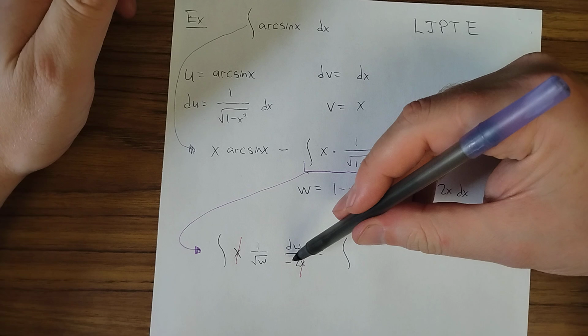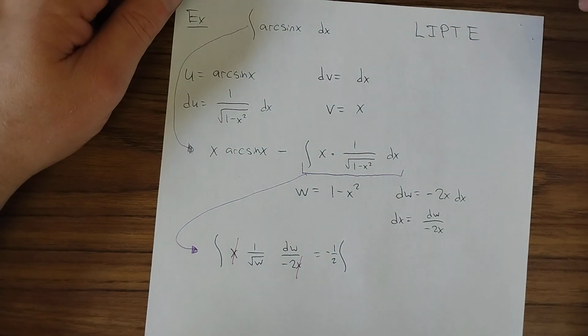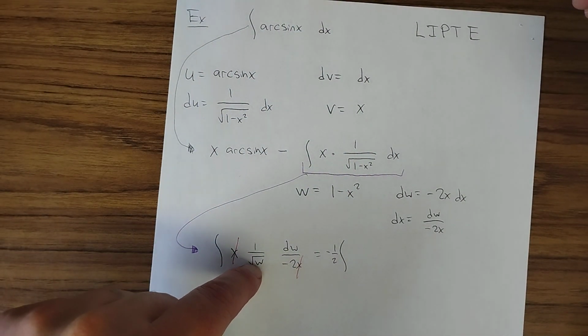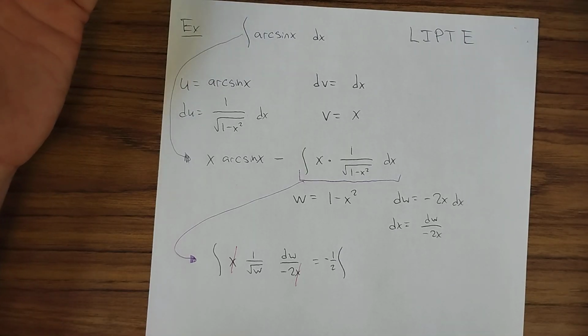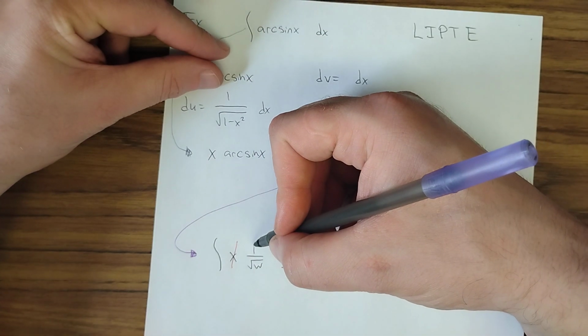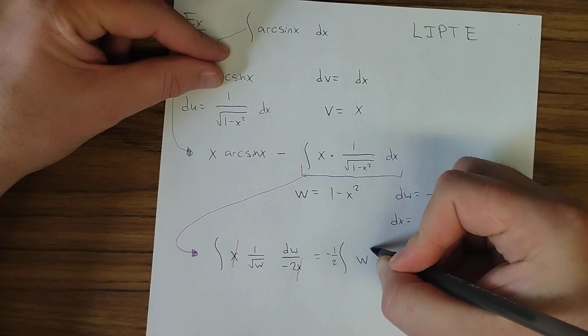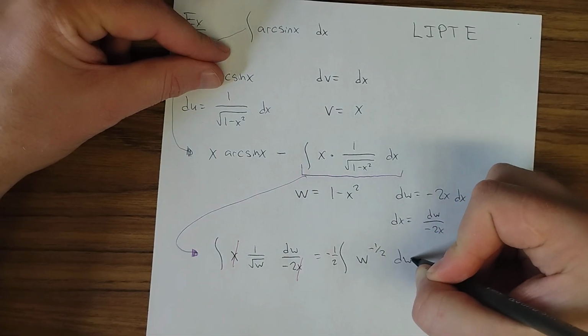So what's going on here? I've got this minus 2 on the bottom, so I can write minus 1/2, and I can do that on the outside. And then this doesn't look so nice, but we're doing calculus, so it's good to remember that square root is the same as 1/2 power. And 1 over that gives me the negative power. So 1 over the square root is w to the minus 1/2.